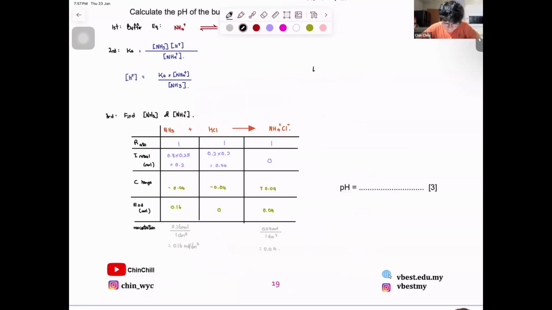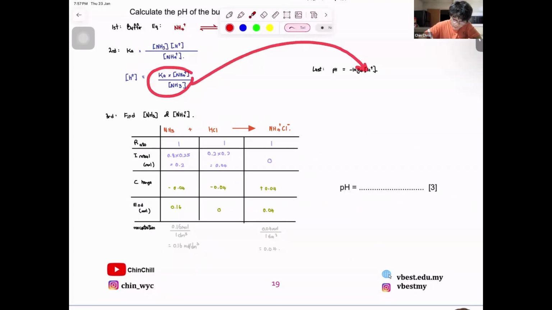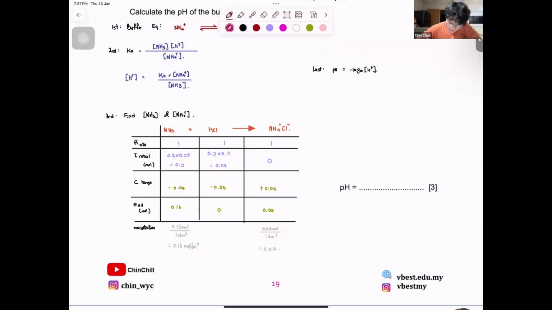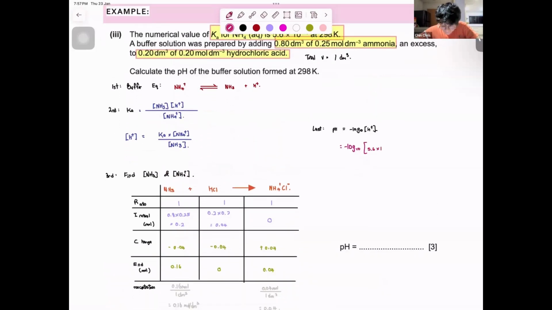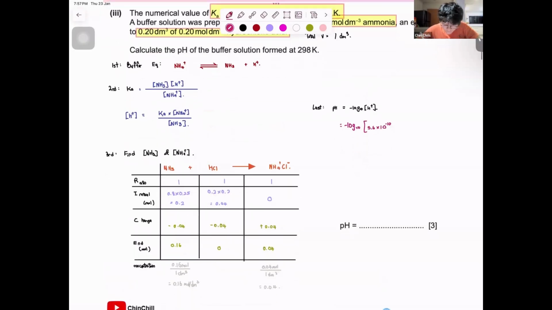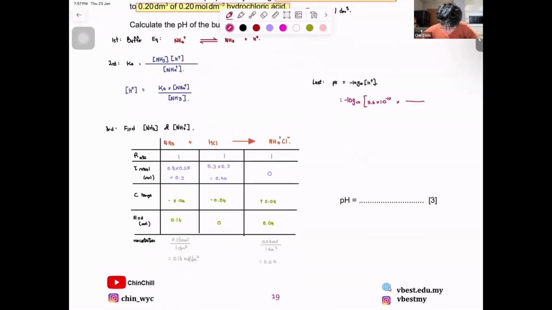Okay, and last step. pH is negative log base 10 of H+, the entire thing. Which is gonna be negative log base 10 of Ka, which is given, 5.6 times 10 to the power negative 6, times NH4+, which is 0.04, over NH3, which is 0.16, right? Plug it in, guys.